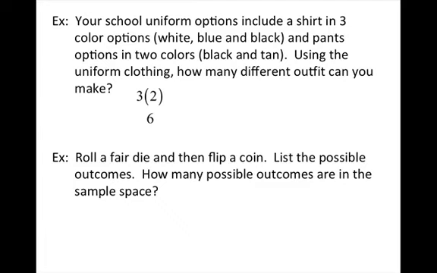In the next example, we rolled a fair die and then flipped a coin. And we created an organized list, and that showed us the 12 outcomes. Well, rolling a fair die has 6 outcomes. Flipping a coin has 2 outcomes. They're independent, so I can multiply them, and that gives me the 12 total outcomes.